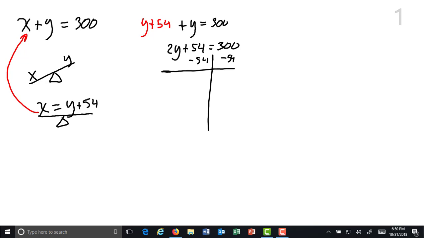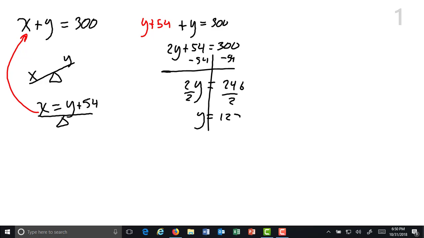So it should be like 246. Does anybody agree? Equals 2y. Yes or no? Yes. So what do I do now? Dividing something. Yeah. Get 123.